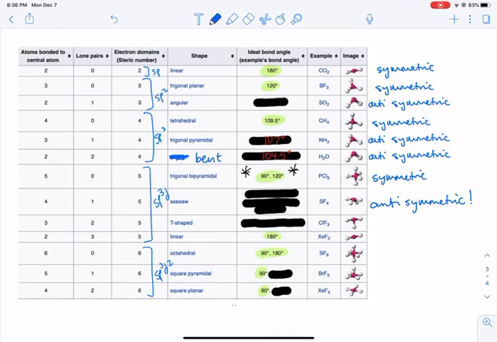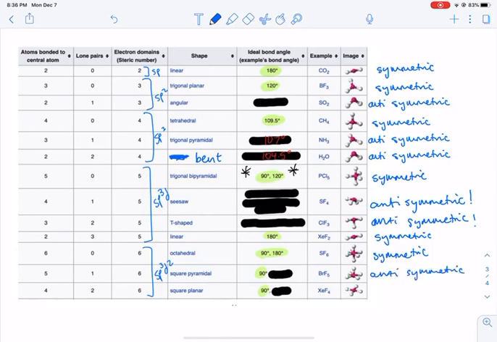I don't know. T-shaped, very antisymmetric. Woohoo! Linear, you guessed it, symmetric. Octahedral, very symmetric. Square pyramidal, antisymmetric. Square planar, very symmetric.